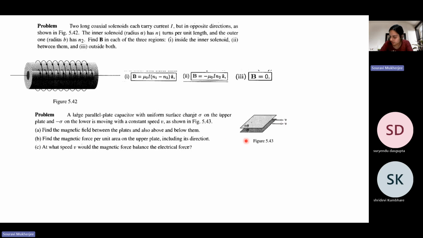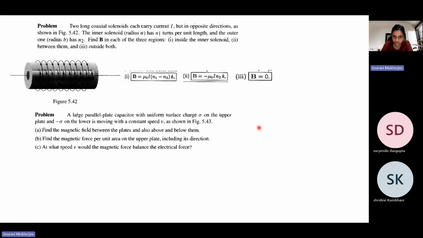If you look closely, we have already solved a question like this, right? So some charge density moving with velocity v is nothing but having a current, a surface current density, K equal to sigma times v. So what you have is two current surfaces, with surface current density K and minus K, where K is equal to sigma v.